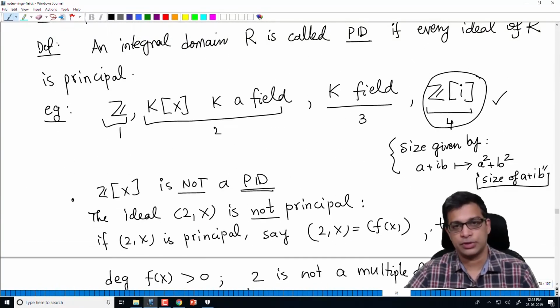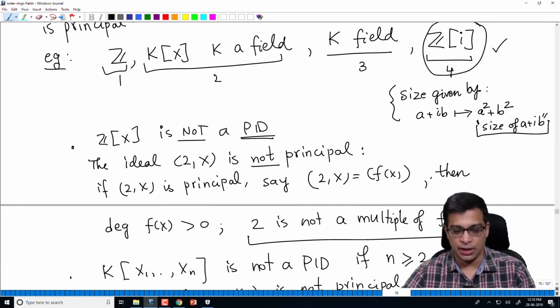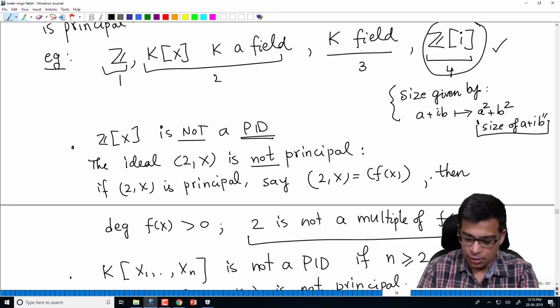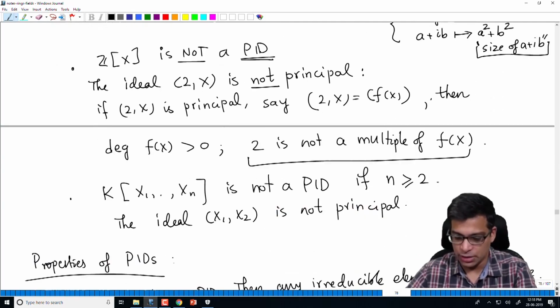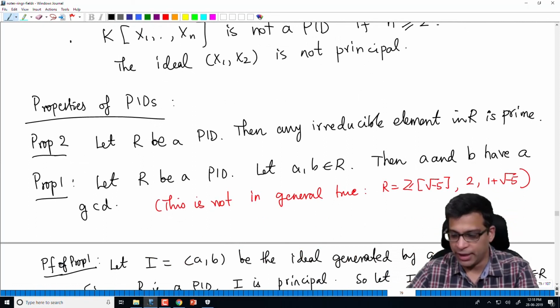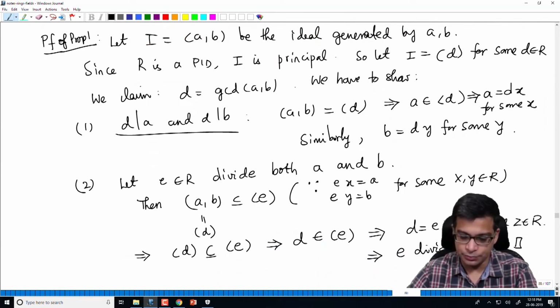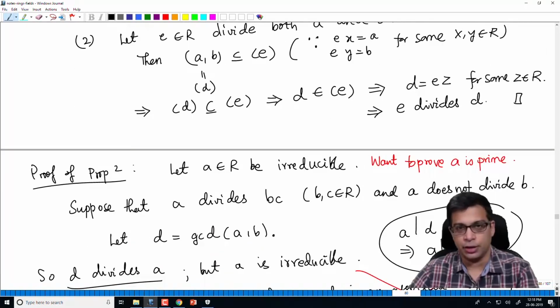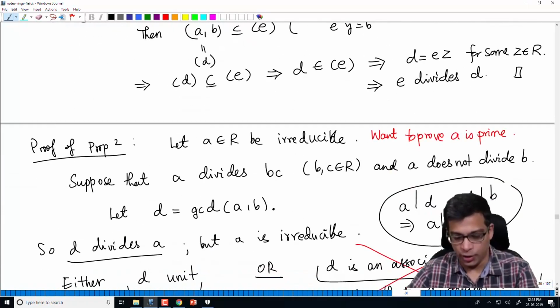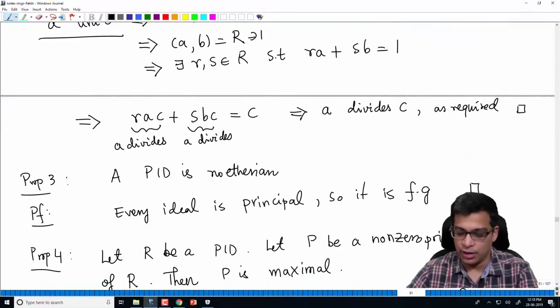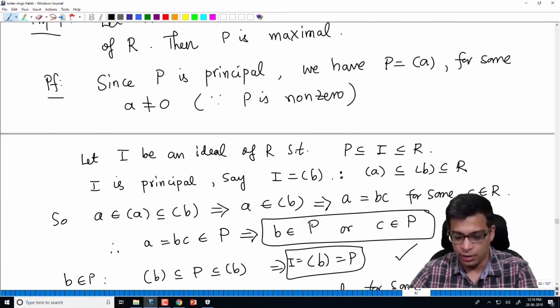The most standard examples for us are integers, polynomial rings over any field, and fields of course. But some of the other nice rings that we have considered, Zx and polynomial rings in more than one variable, are not PIDs. PIDs have the nice property that any irreducible element is prime, and they are Noetherian. Any two elements have GCDs, and every non-zero prime ideal is maximal.